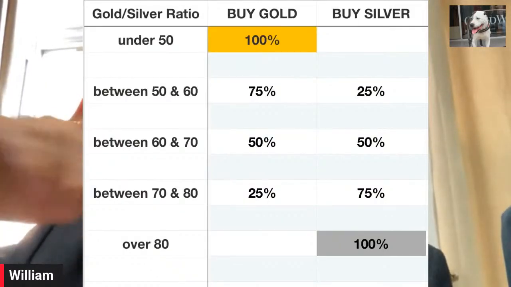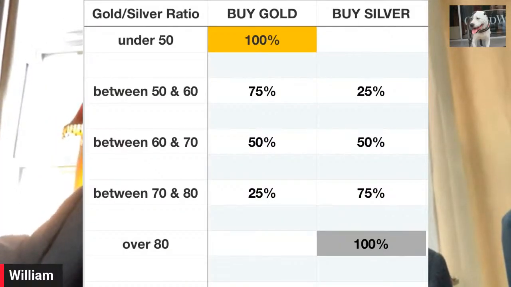So I think you can buy up to 50 almost on a set it and forget it strategy. Of course, if gold stays, let's use 3,100, the ratio falls down to 62, and then you're in that 50-50 range.